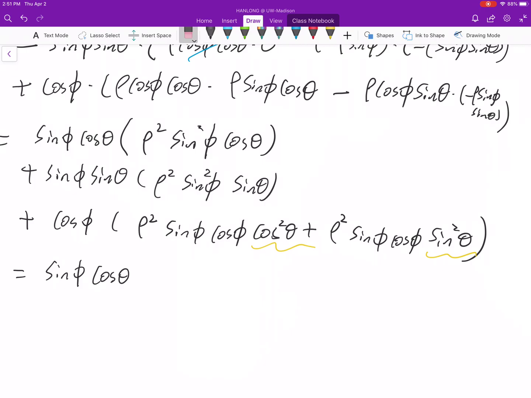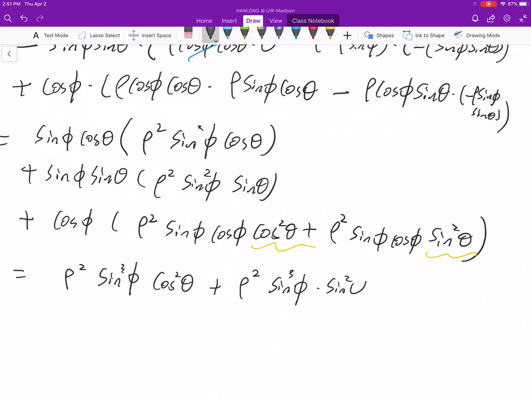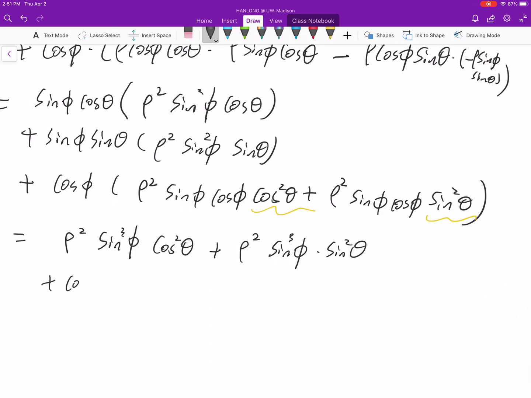For the first two, you can combine the indices: rho square sine phi cube cosine square theta, and rho square sine phi cube sine square theta, and for the third you have cosine phi times rho square sine phi cosine phi.